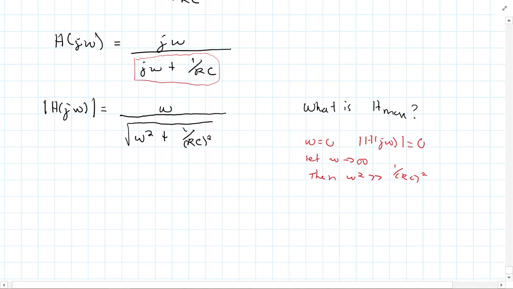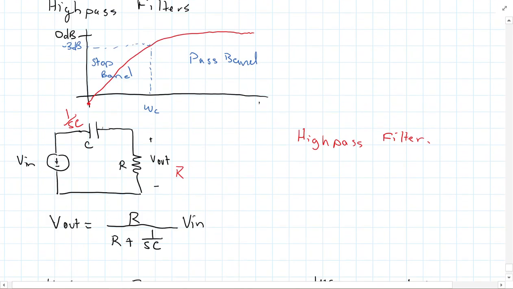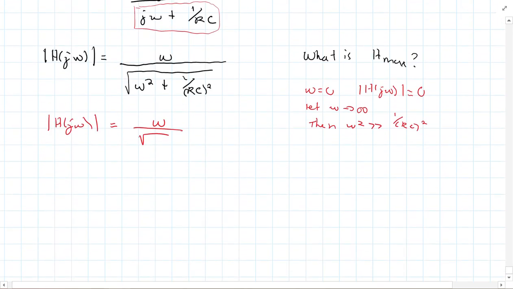If that's the case, we can have H at j omega is simply going to be omega over the square root of omega squared. Whoa, what happened there? My hand accidentally bumped up against it. Over omega squared, which would just be omega over omega, which is 1. Okay, so my H max is 1.